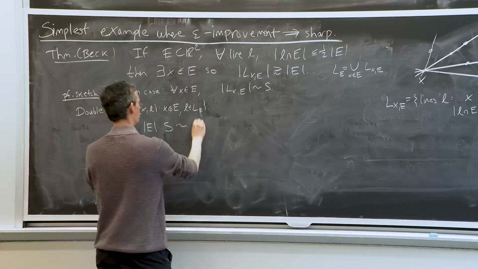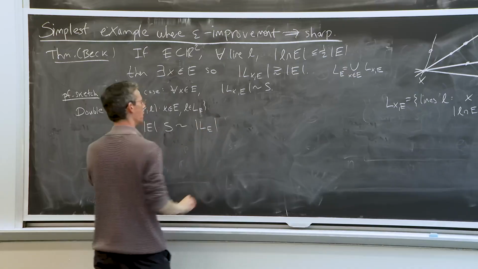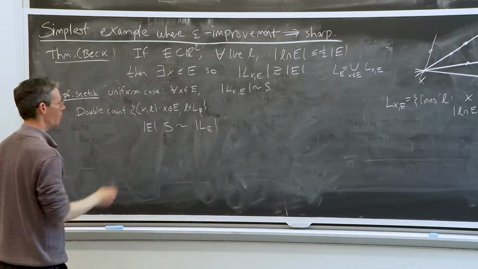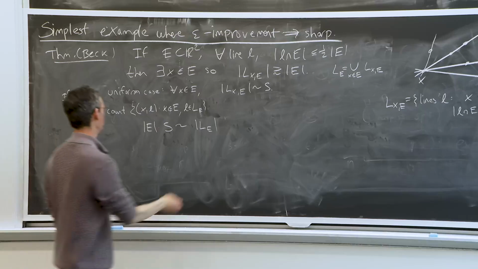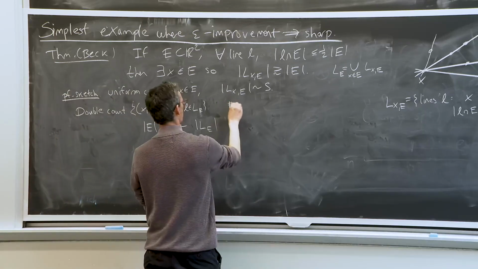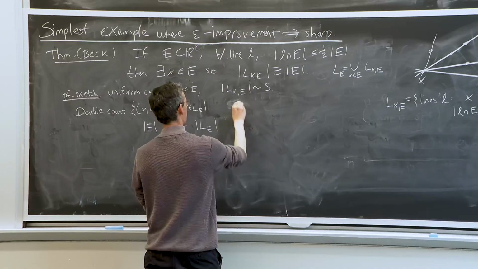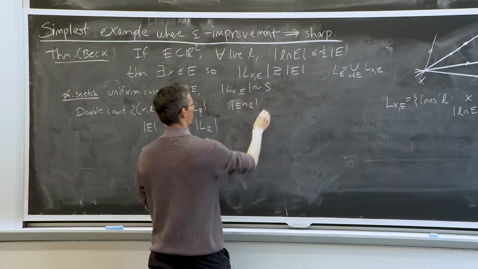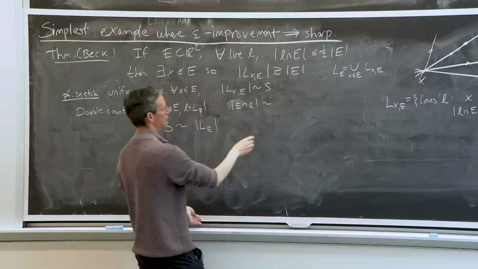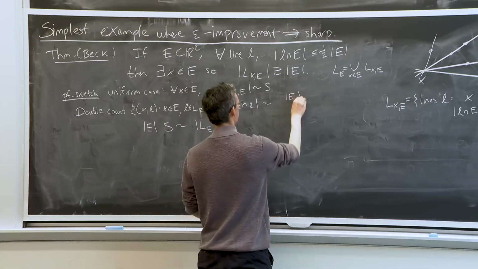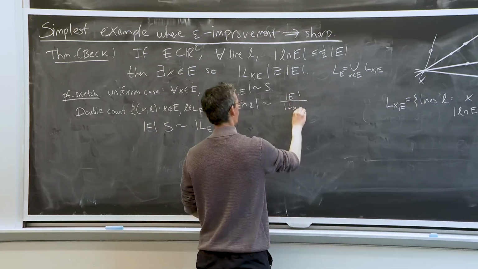Or we could say, look at each of these lines, and how many points are in each line? Well, the size of E intersect L for a typical L in L_X(E) would be the size of E divided by the size of L_X(E).